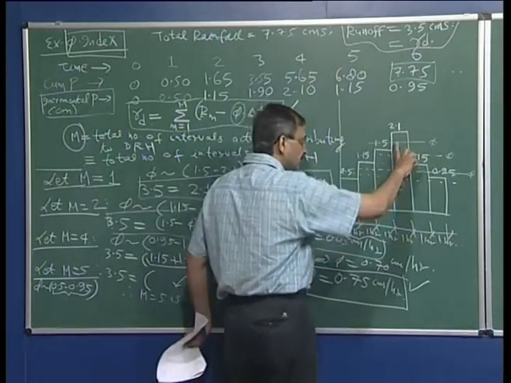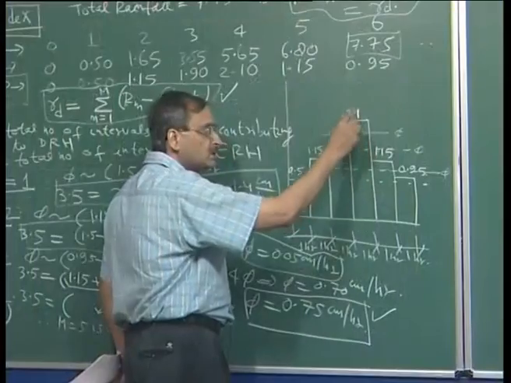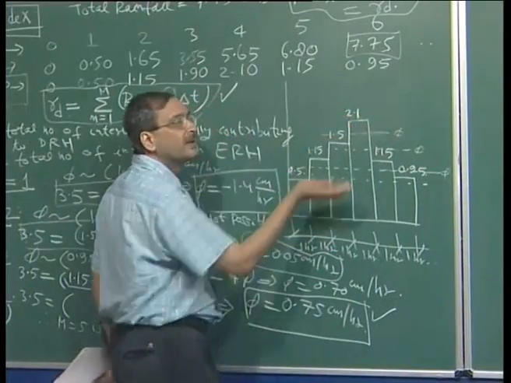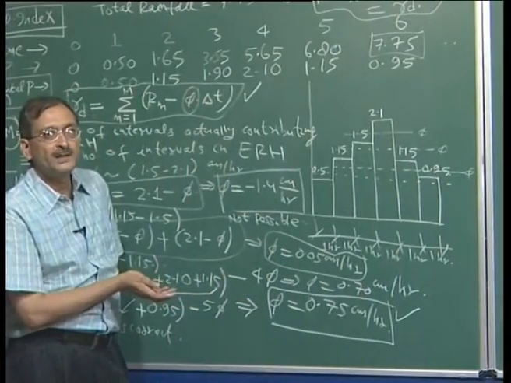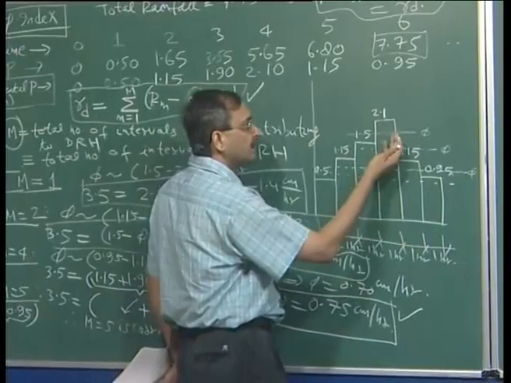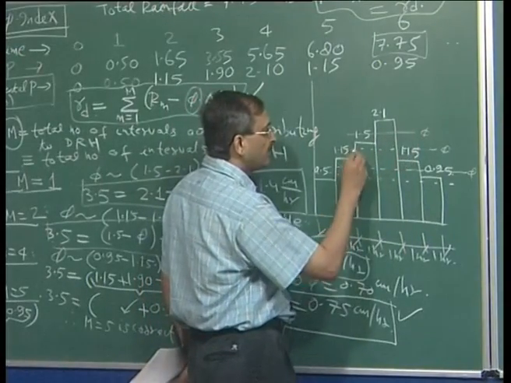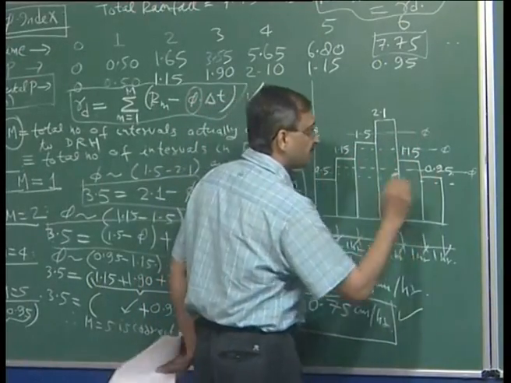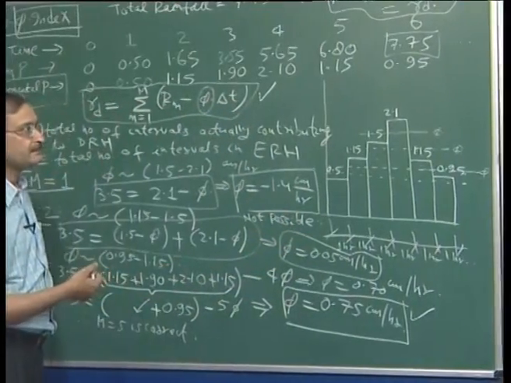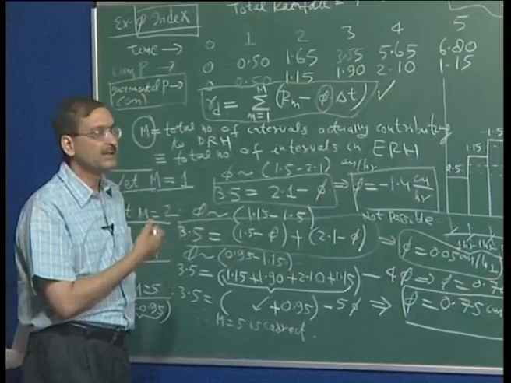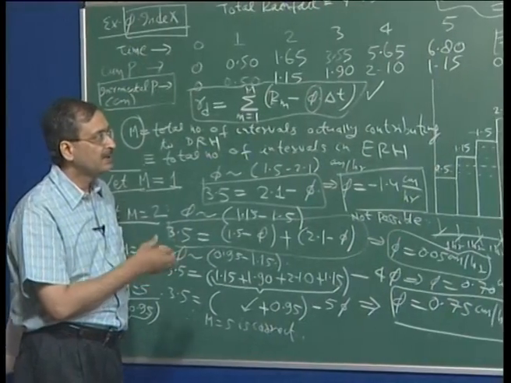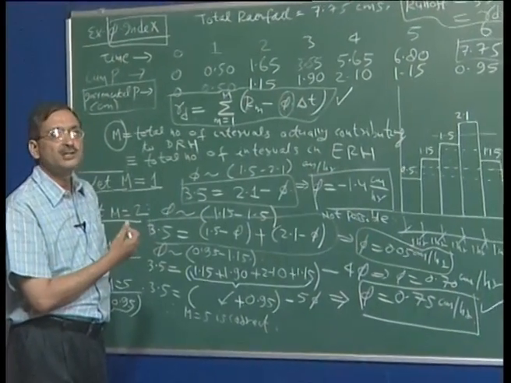You know that this whole value is 2.1. So, if you draw a line here, everything above cannot be 3.5, it will be much less than 3.5. So, your first guess actually should have been maybe somewhere here or this one. So, when you look at the data and when you are solving it in the exam or in some other field case, it is a very good idea to minimize your effort.